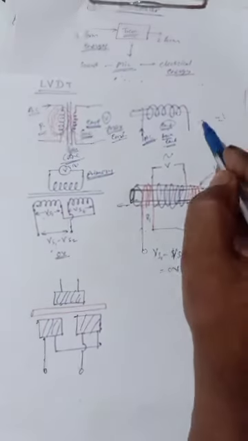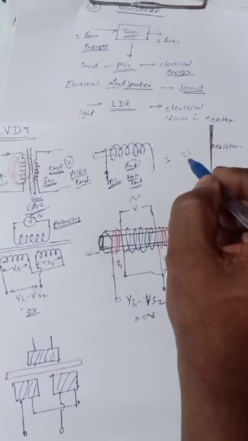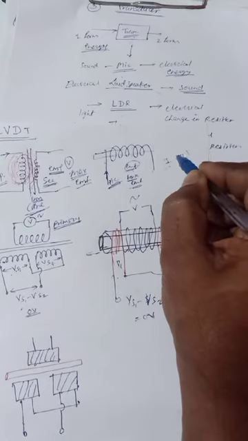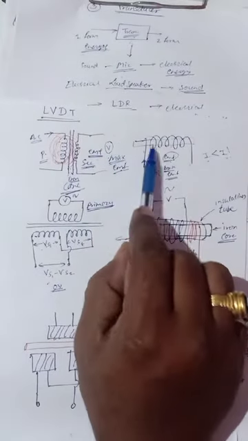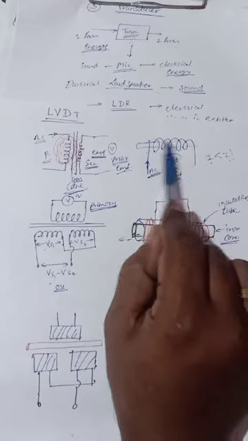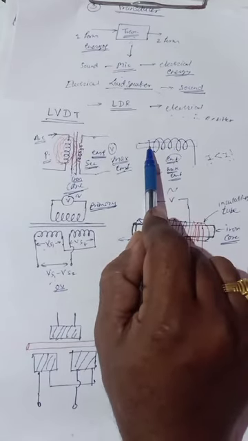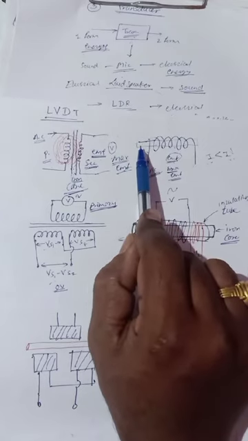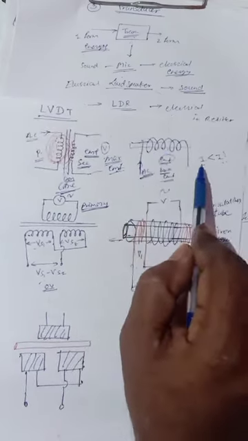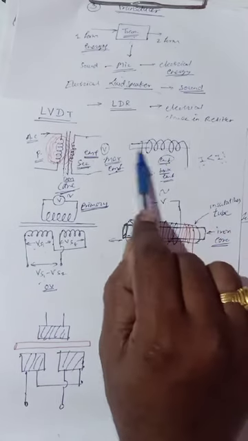If we compare these, we find that I dash is greater than I. What did we change? Only the core. This is the same coil. When there is no core, that is an air core, the coil has inductance value I.